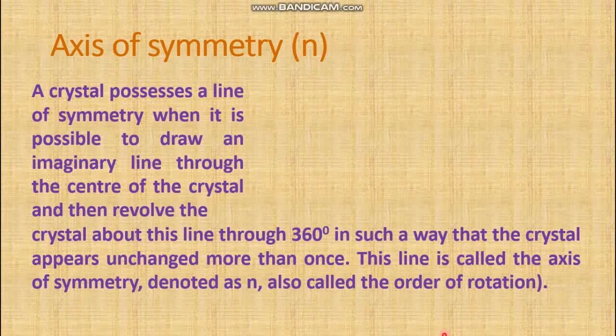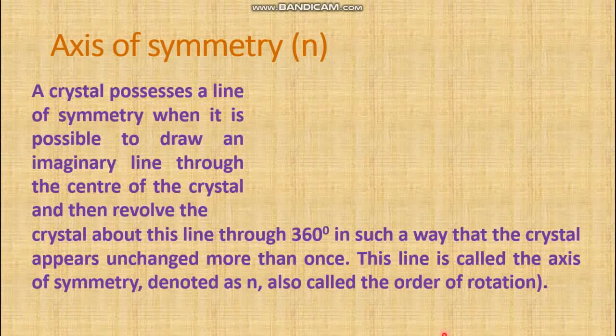Suppose you are repeating the structure by rotating through an axis 4 times, then it is a 4-fold axis. If you are undergoing the operation 2 times, then it is a 2-fold axis. That means in every 180-degree rotation, the same structure is repeated, then it's a 2-fold axis.